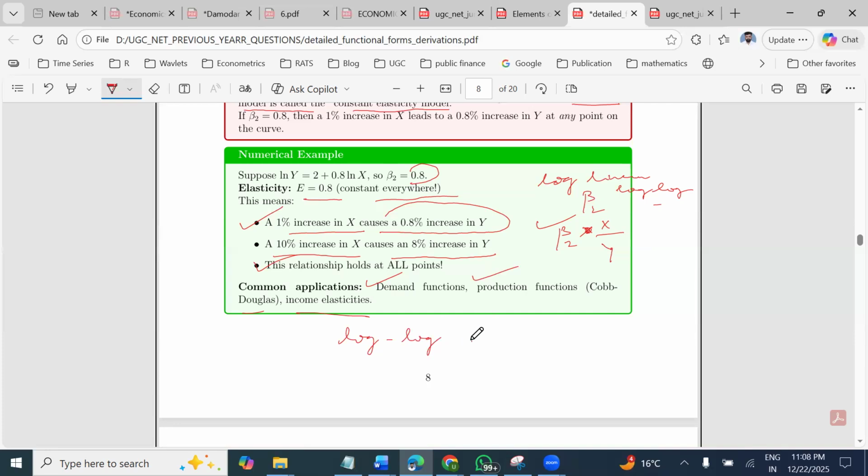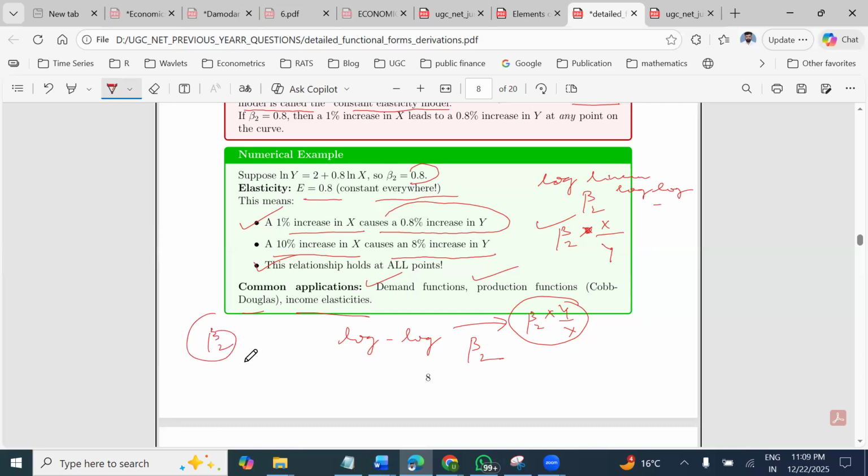Beta 2. Very good. Ajay, what is the slope of a log model? Beta 2 into y upon x. Very good. Then what is the slope of a linear model, Madhusida? Only beta 2.